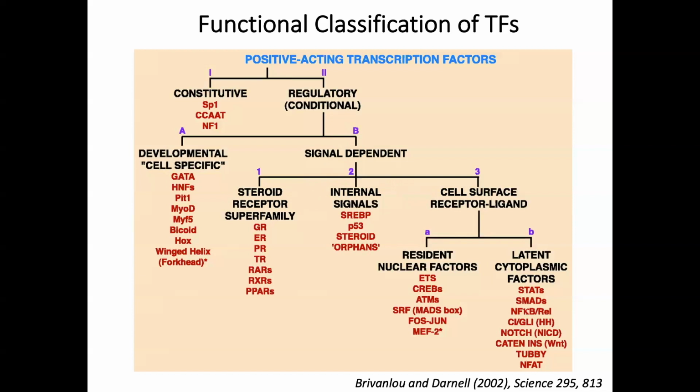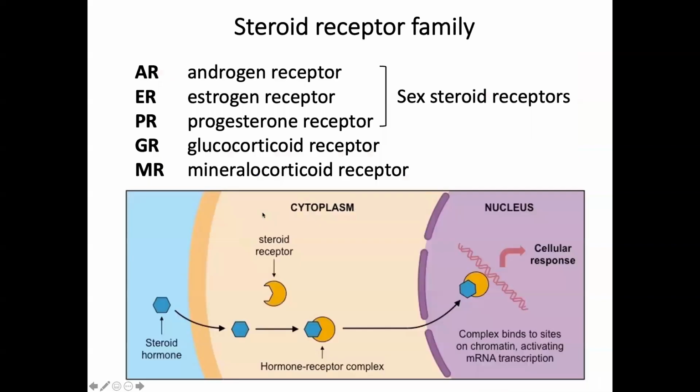Also, there are other groups, such as those activated by internal signals inside the cells, or activated by signaling from cell surface receptor stimulation. We will not get into details on those. Instead, I would like to spend more time further introducing the steroid receptor family.